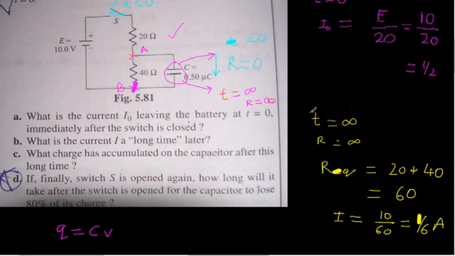You know the current 1 by 6, you know the resistance here. The total current I is flowing through this, after infinite time.